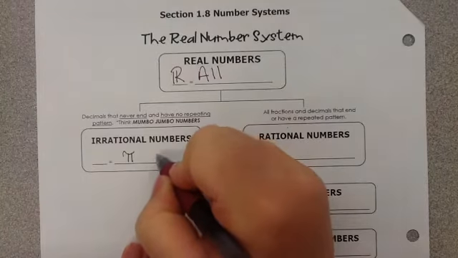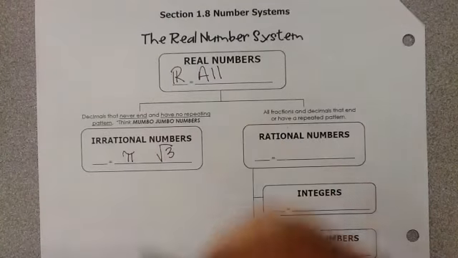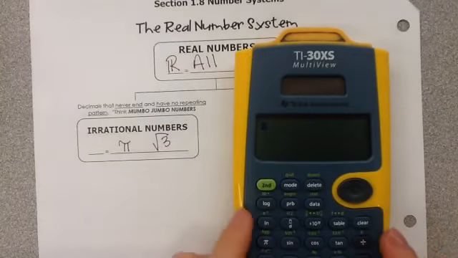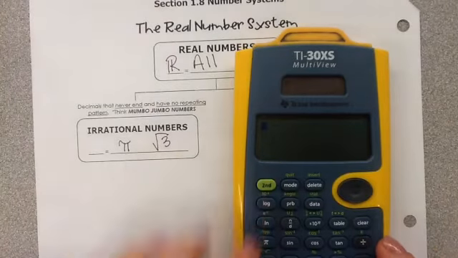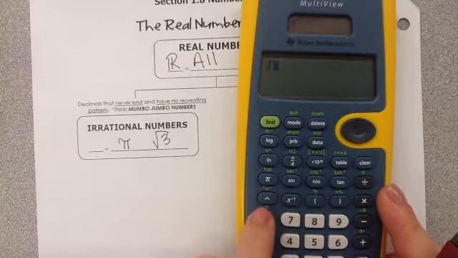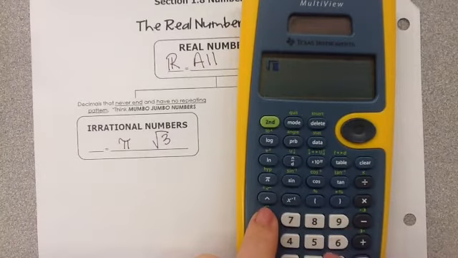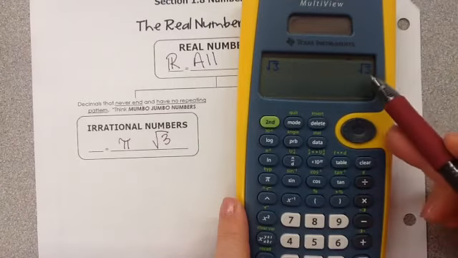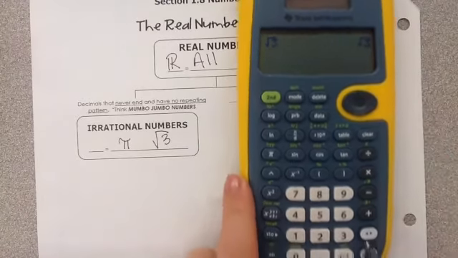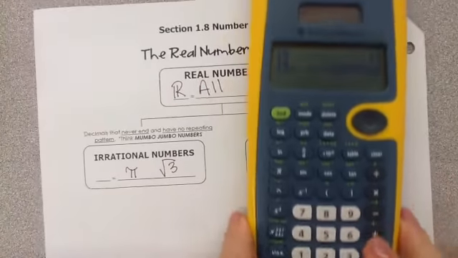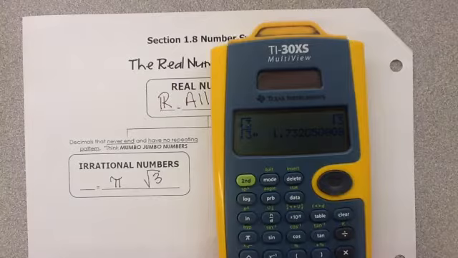If we look at the square root of 3, let's type that into our calculator. Okay. Square root, so I hit second, and this button right here, you can see the square root, and then 3. Hit enter. If it gives you the square root of 3 back, there's these little arrow buttons right here. Hit that, and it should give you a decimal.